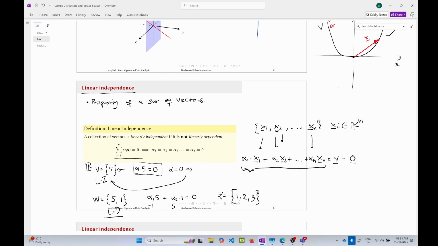What did I do to figure it out? Yeah, so there are non-zero combinations of alpha 1, alpha 2, alpha 3 that you can choose to produce a zero vector. That means this is not independent. This is again a linearly dependent set. Okay? I'll give you another one.